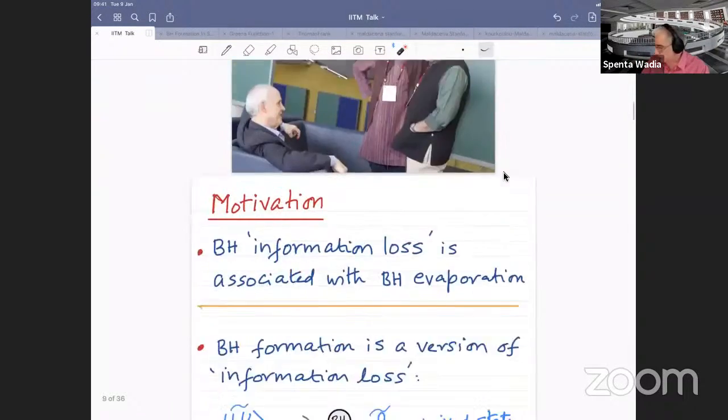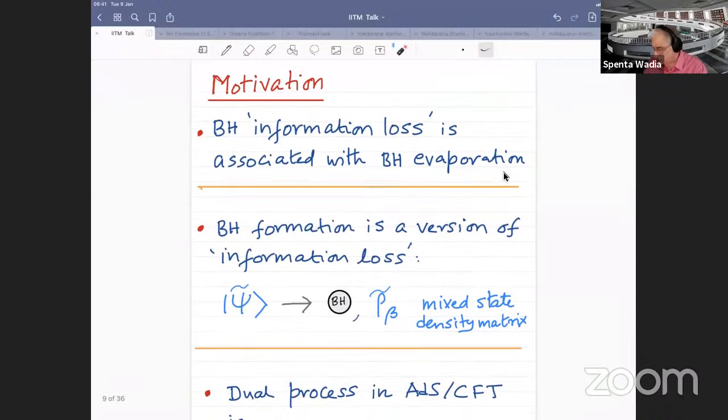All right. So the black hole information problem is with us since '76, since Hawking's paper. And subsequently, there have been many theoretical developments trying to understand this and solve this problem.